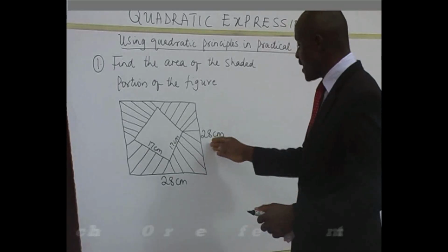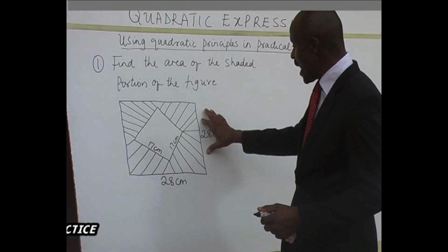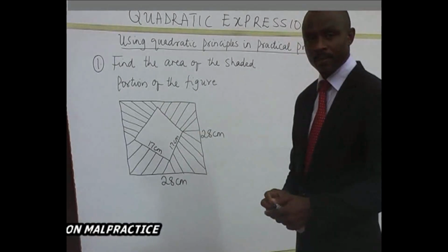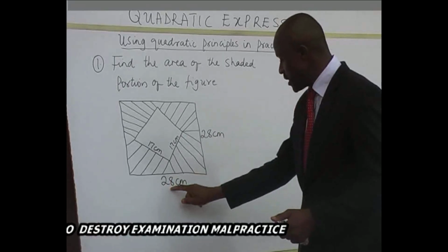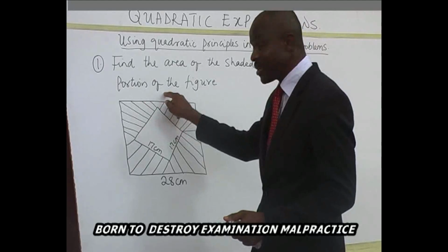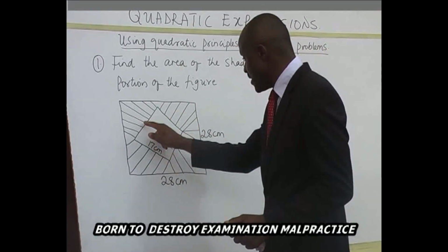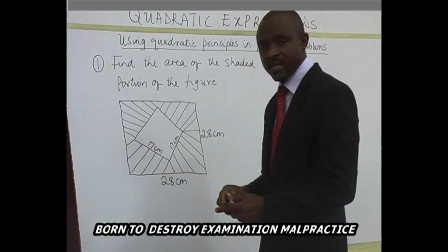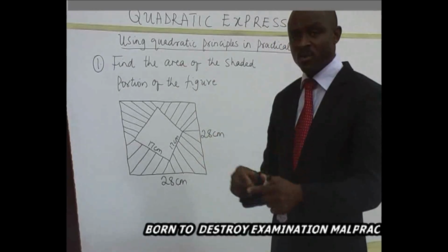From the figures that are given, it means that this is a square enclosing another square. This measures 28 cm, this measures 28 cm. That means this other side is also 28 cm. This is 17 cm, this is 17 cm. That means this side is also 17 and this side is 17. That was why I said it is a square enclosing another square.